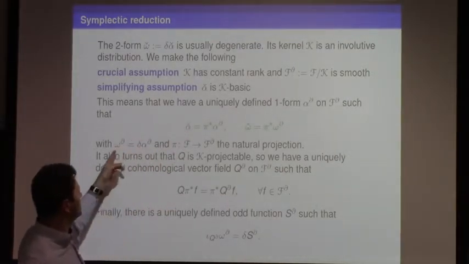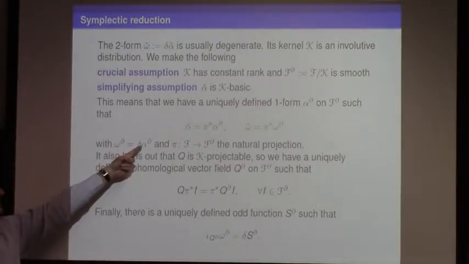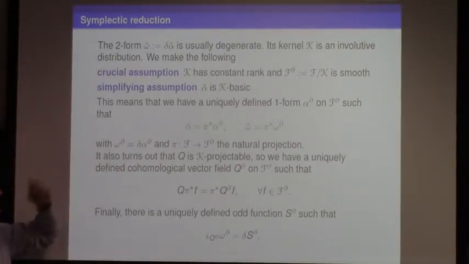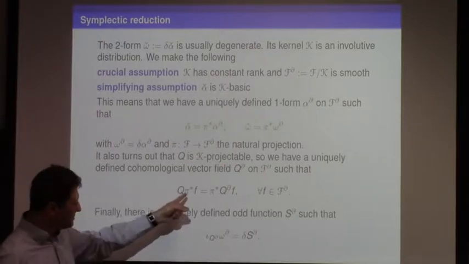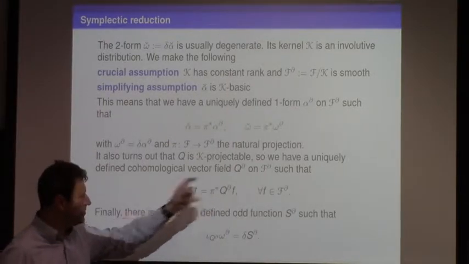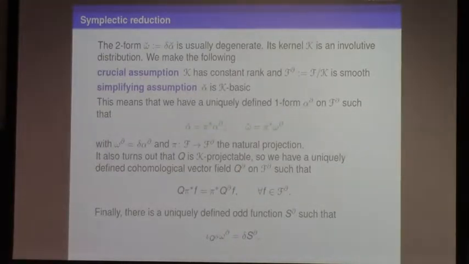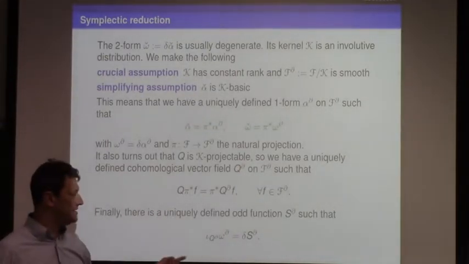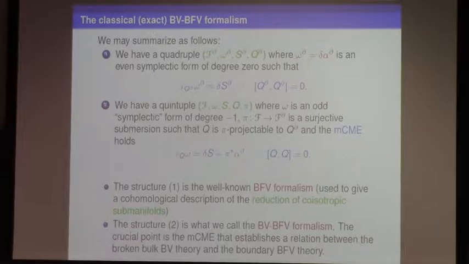So now on the quotient we have an even one form alpha boundary, and its differential is a closed two form, which is now also non-degenerate. The vector field Q also descends, it's projectable, so you have a vector field on the quotient, and it still commutes with itself, and it's still Hamiltonian with Hamiltonian function S boundary. So we immediately come to more or less the conclusion. Yes, then we have the summary.